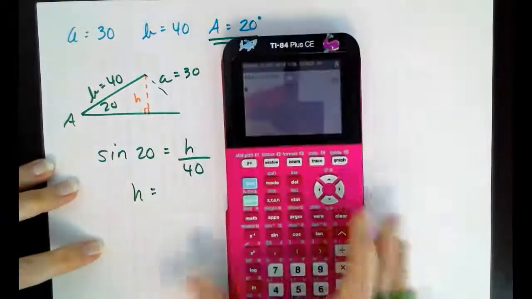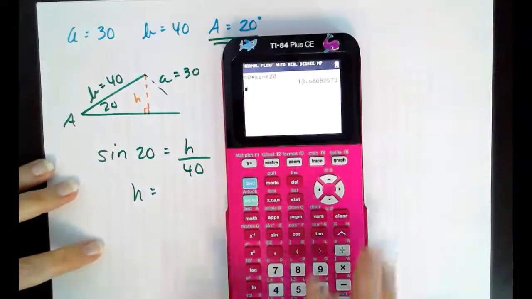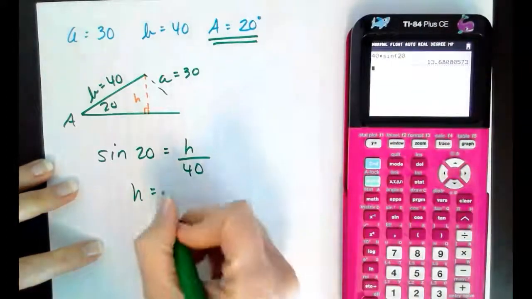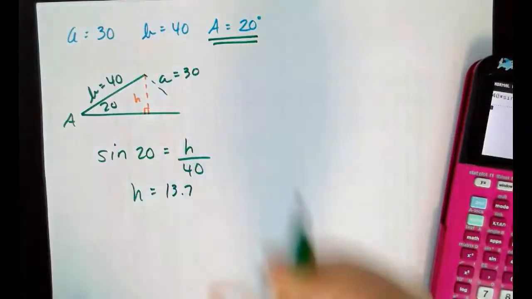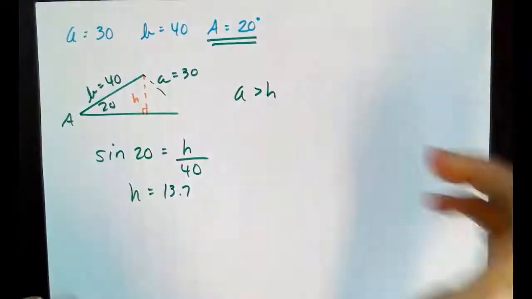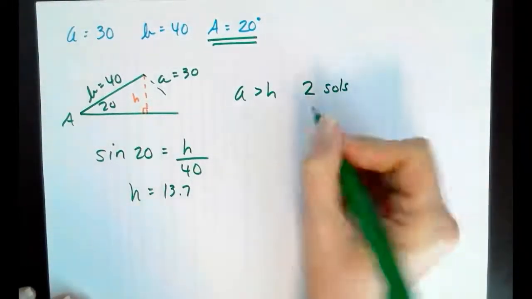Cross multiply, and we find the length of the altitude. 40 times sine 20 is 13.7. So we have a situation where A is greater than H, and when A is greater than H, we are looking for two possible solutions.